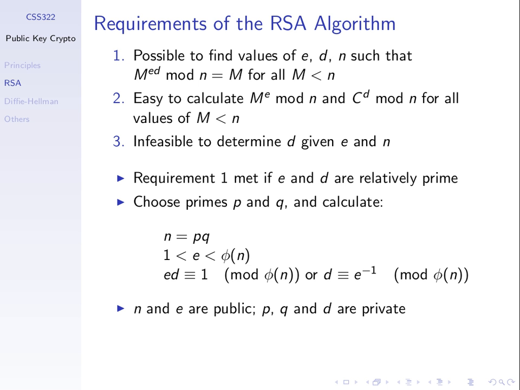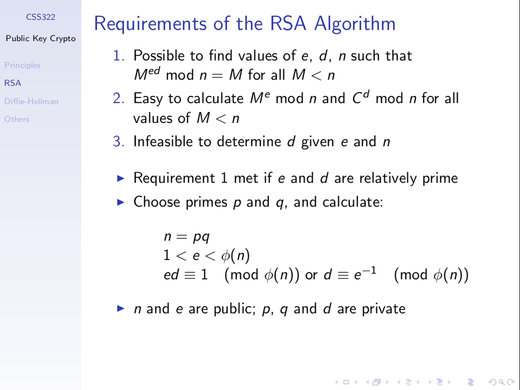Now we have E, n, the totient of n, find D. Find E's multiplicative inverse, and again, there are algorithms for finding that. And we now have our values of n, E and D. And we know that RSA will work if we use those values.